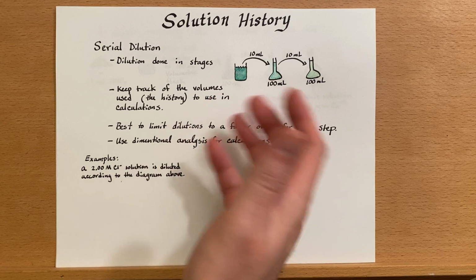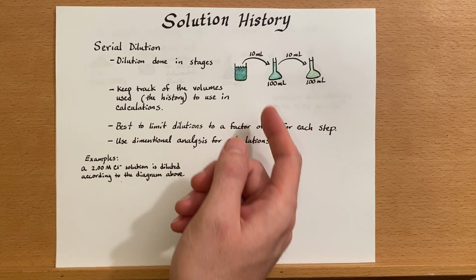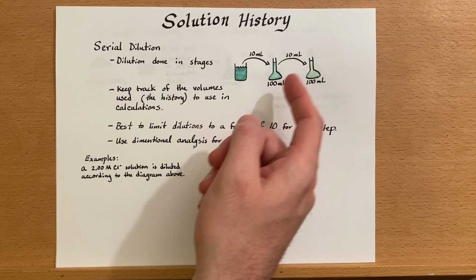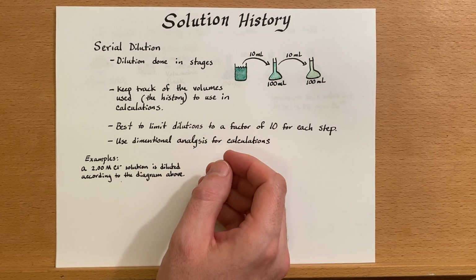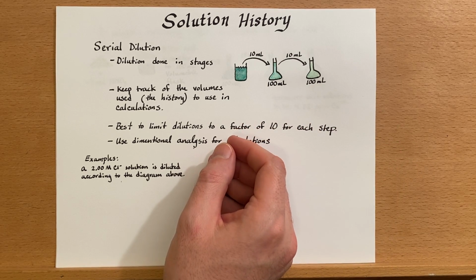Now, this is done in stages, so it's called a serial dilution because you take one solution, dilute it, and then take that diluted solution and perform another on it. And this can go on as long as you prefer.